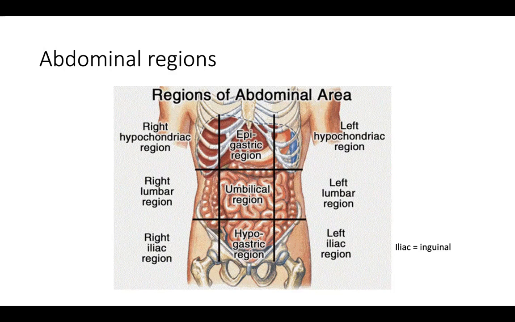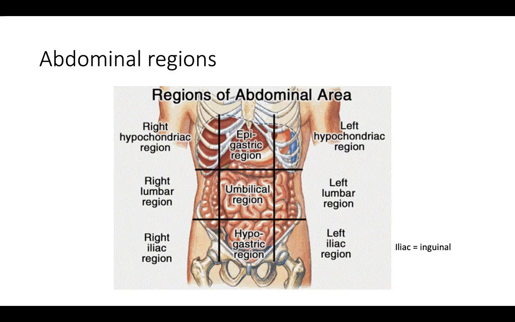You don't have to memorize every single word that starts with hypo. If you know hypo is below, then it gives you a clue as to what we're talking about. Chondriac refers to ribs. So hypochondriac, not like someone who thinks they're sick all the time. This means below the ribs. I don't know where the hypochondriac that everyone kind of knows comes from, but hypochondriac means below the ribs.